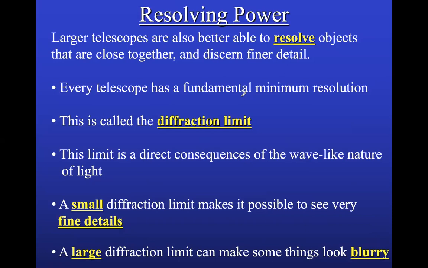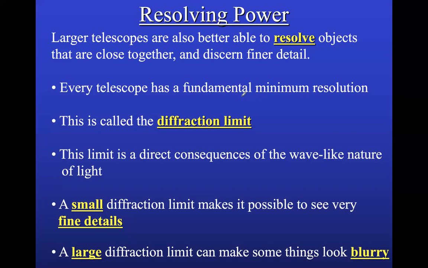Larger telescopes are also better at resolving. They are good at resolving two objects that are very close together. That's something we need. When you have two objects close together, our telescope should be able to resolve those two objects separately.